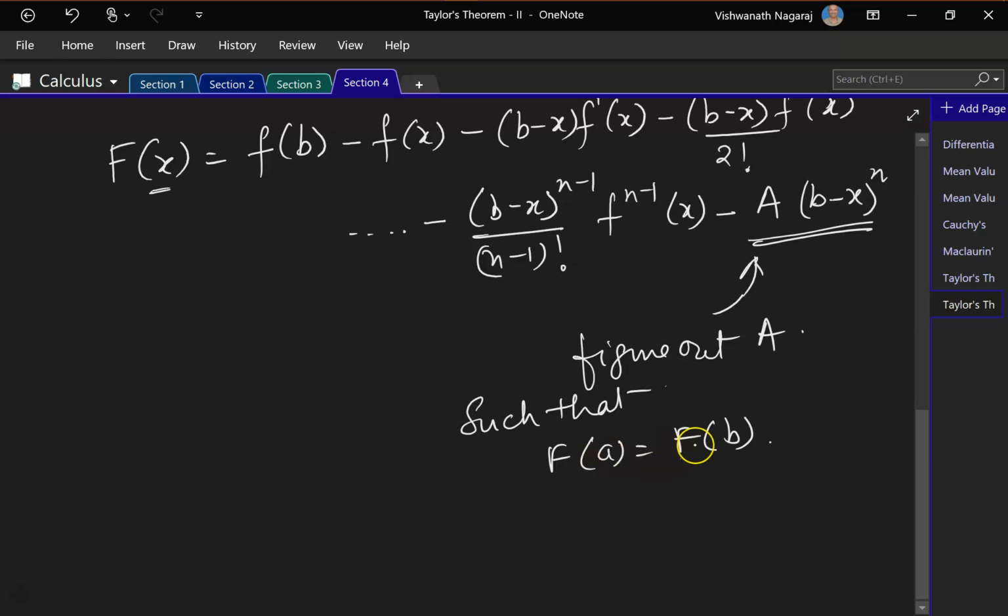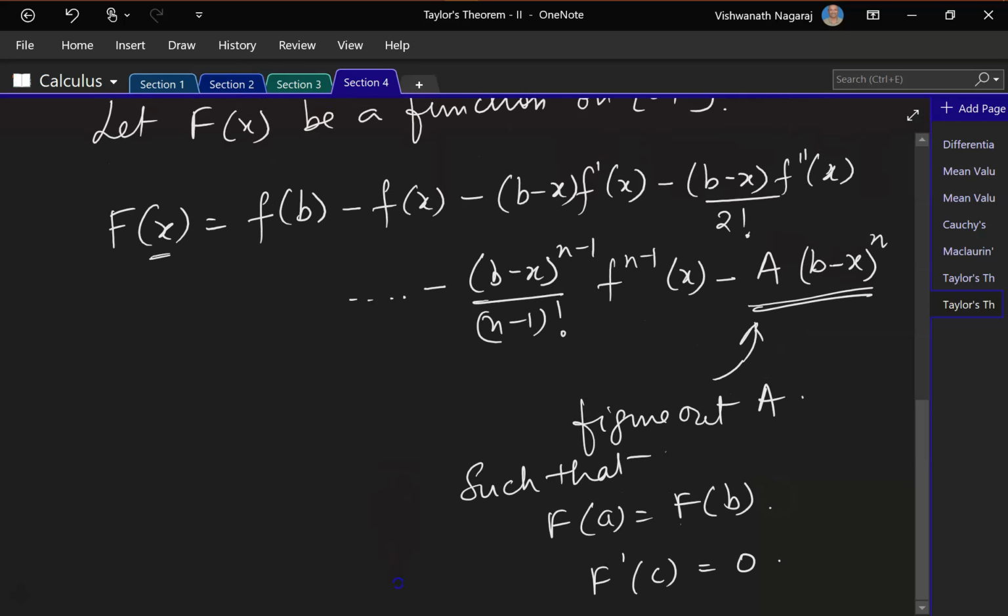If I am able to figure out A such that F of a is equal to F of b, then Rolle's theorem is satisfied, and I would be able to say that there is a point c such that the derivative of F at c is equal to 0. Now the only thing is I have to figure out A. So let's see.